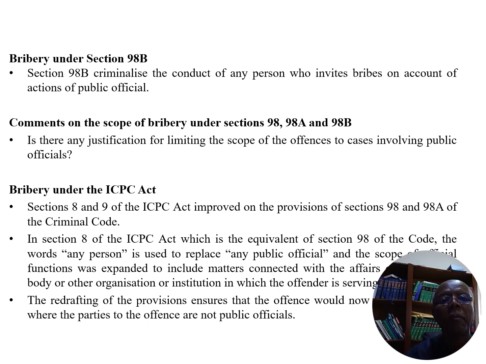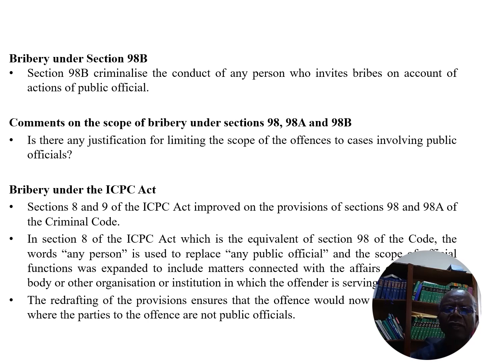There is also bribery under Section 98B of the Criminal Code. Section 98B of the Criminal Code criminalizes the conduct of any person who invites bribes on account of actions of a public official. You know, this will cover a situation in which somebody is an intermediary and he says, oh, don't worry, I know you have applied for a contract at the Ministry of Works. If you give me 500,000 naira, I will make sure that I reach the people in the ministry and you will get the job.